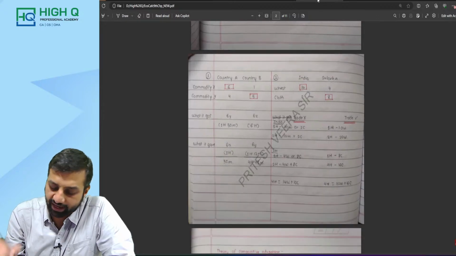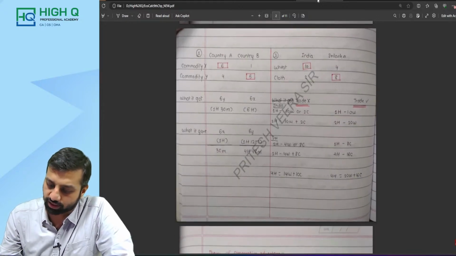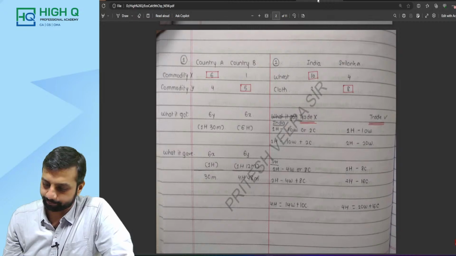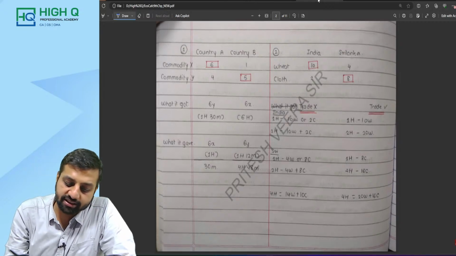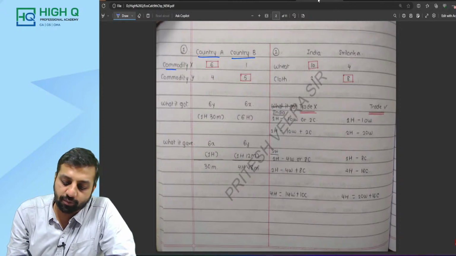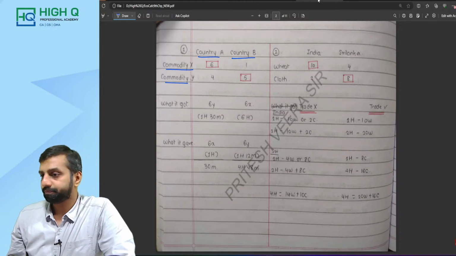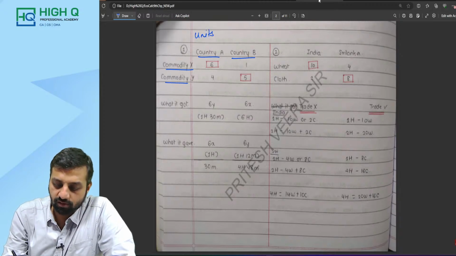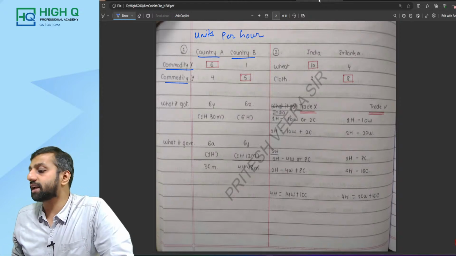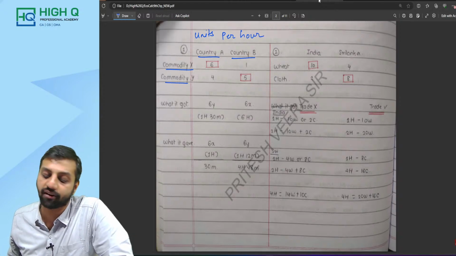So rather than writing, I have already made notes over here which we can check. So there is country A and there is country B. There is commodity X and commodity Y. The calculation that I have written here is units per hour.